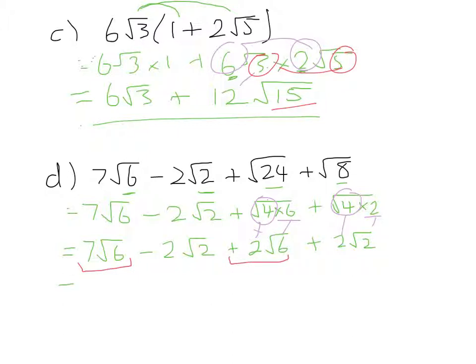I'll just rewrite this in order. So 7 root 6, keep the plus that's in front of the root 6 with it, so plus 2 root 6. And then we have take away 2 root 2, so keep that take away with it. Take away 2 root 2. And then the last one we have is plus 2 root 2.